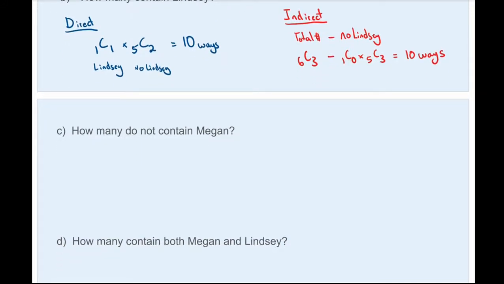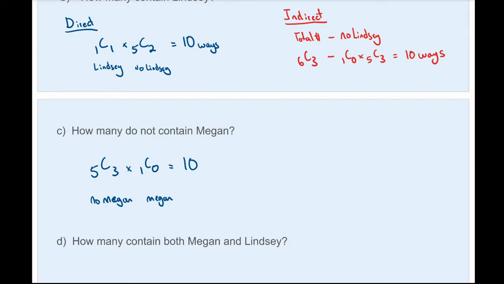How many of these scenarios or groups of 3 do not contain Lindsay? Or sorry, not Lindsay, Megan. So now we're just switching it up, looking for a different individual. But the idea is still the same. 5, choose 3 for no Megan, times 1, choose 0. So if we're looking for Megan, there's one of her, but we're not choosing her, which equals 10.